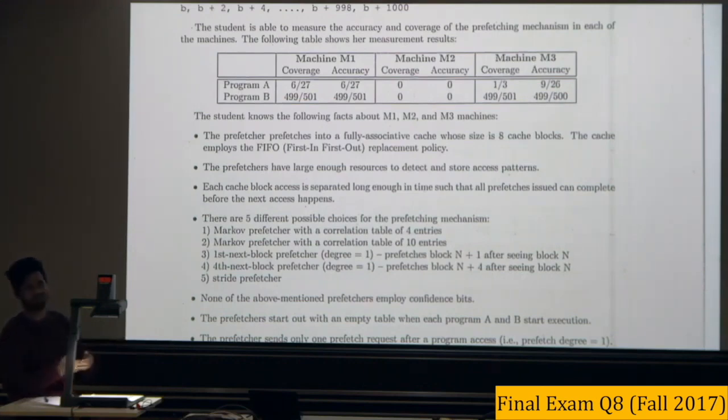But the idea is, if you have made a prefetch to cache block X, and you have generated, let's say, 8 prefetches after that, and then this X is getting demanded, then X is gone. Does it make sense? Yeah. So you can think of this as a prefetch buffer, but if you just add it to a normal cache, this will get complex. But let's not think about that. Is it clear?